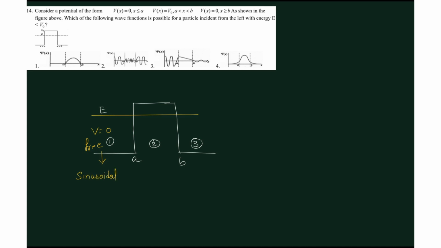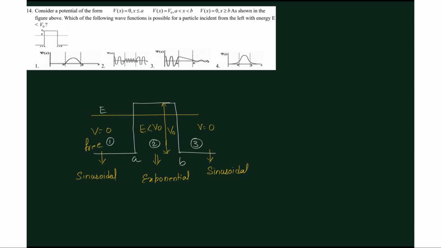And here we have some potential, so this is the potential barrier, and the energy is less than V naught. So in this region from A to B the solution is exponential in nature. And in the third region, again the potential is 0, so again the solution is sinusoidal.